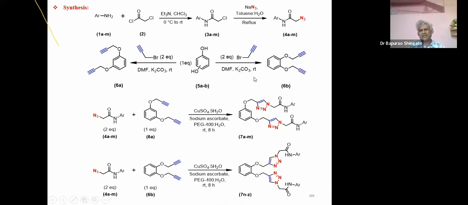Two dialkynes, and we have n number of azides. On click chemistry approach by using copper sulfate, sodium ascorbate in tert-butanol water solvent system at room temperature leads to the corresponding amide-based dimeric 1,2,3-triazoles derived from resorcinol as well as catechols.